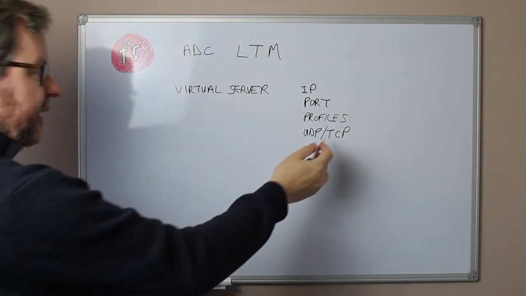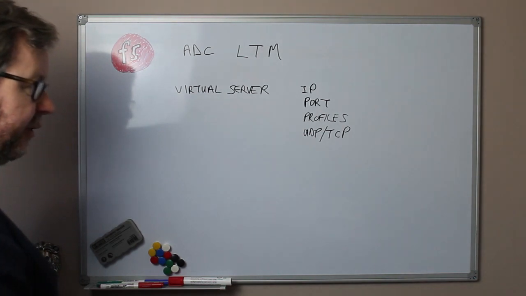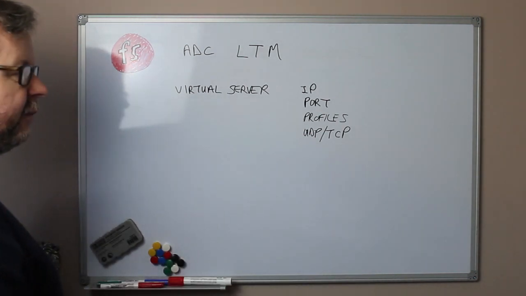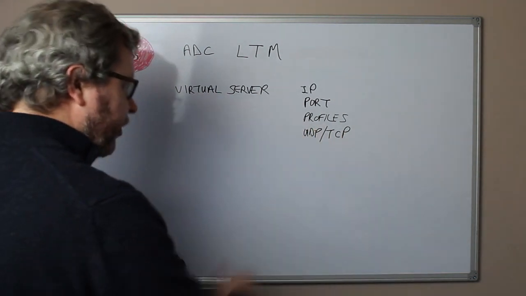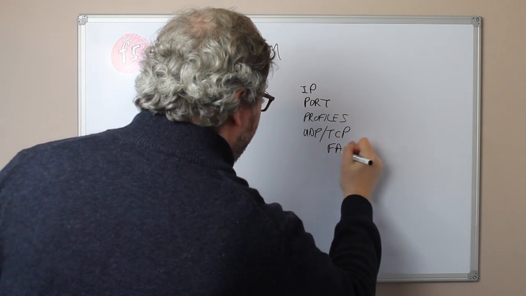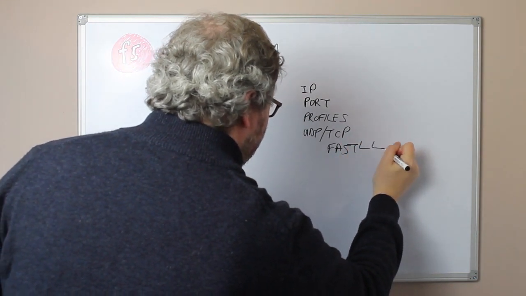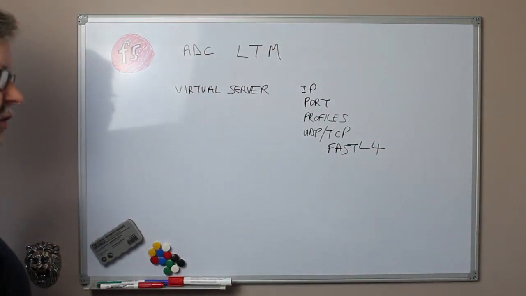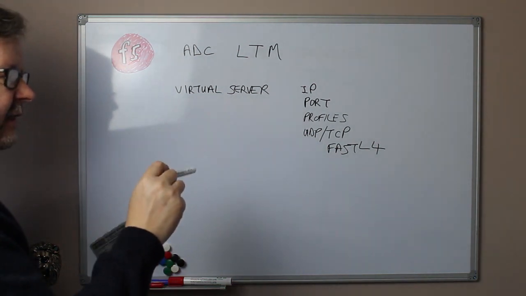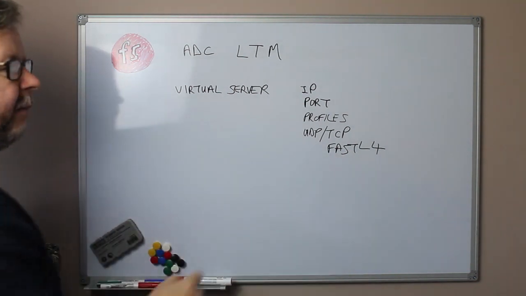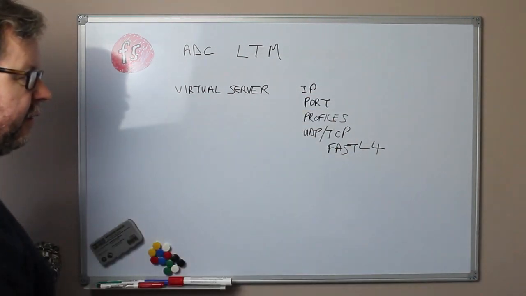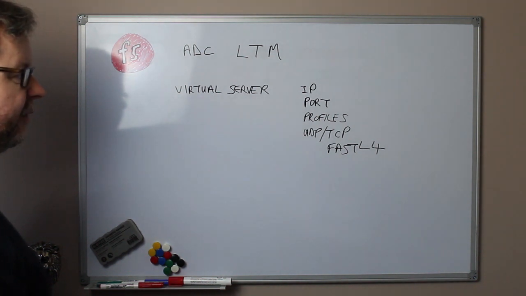And within TCP, there are a number of standard profiles. There's the standard TCP profile. There's a fast layer 4 profile, which doesn't terminate the handshaking and any TCP connectivity on the actual F5 appliance. That just forwards them to whichever pool member the load balancing algorithm chooses.